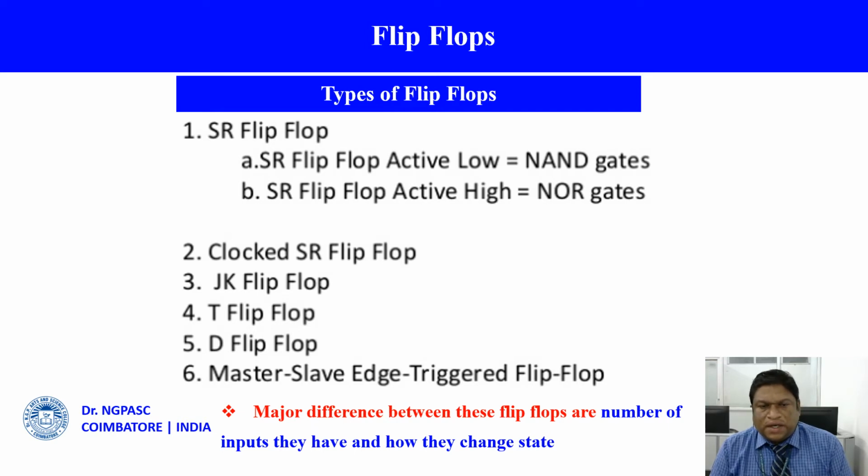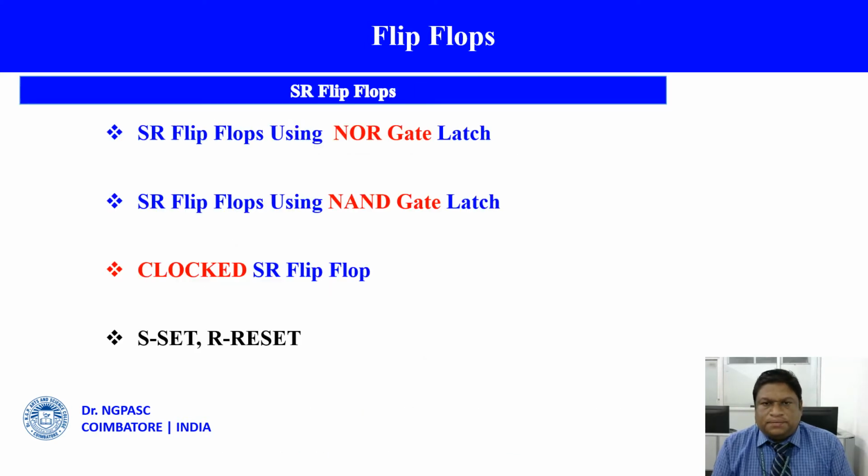We can also have a JK flip-flop, T flip-flop, D flip-flop, and master slave edge triggered flip-flops. The major differences between these flip-flops are the number of inputs they have and how they change the states. These are all flip-flops, but each will be used for a different purpose.